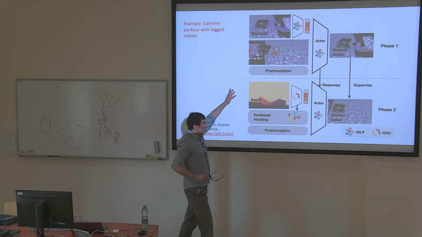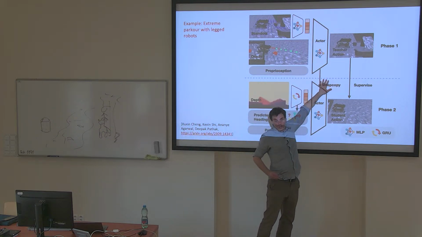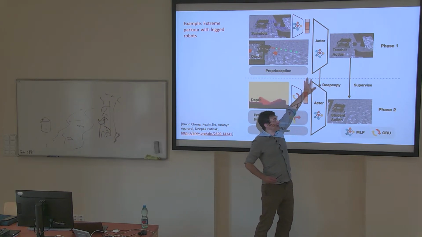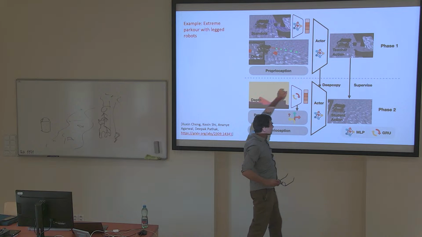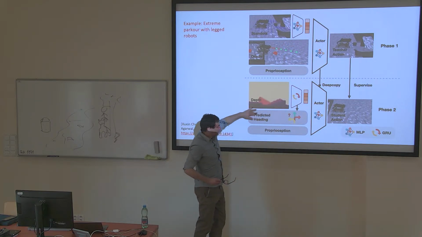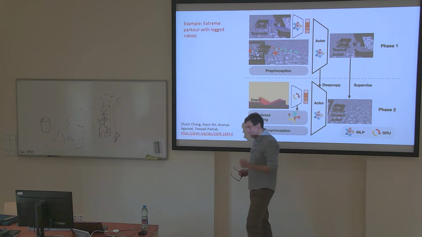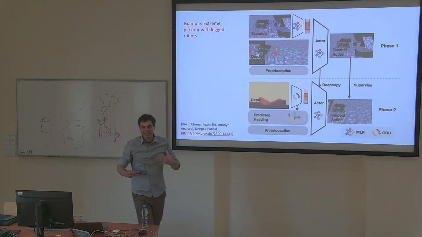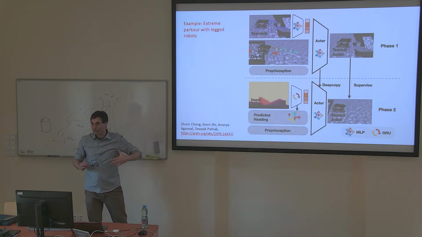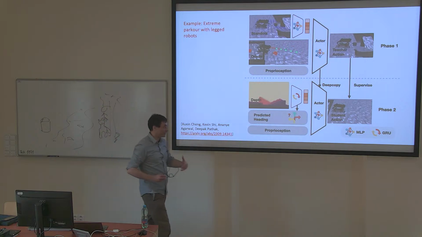So they copy some of the controllers which they train in the simplified setup, and then they start simulating the camera. Here, this is a GRU, a gated recurrent unit. It's like an LSTM, you probably know this also from language, it's a recurrent network.